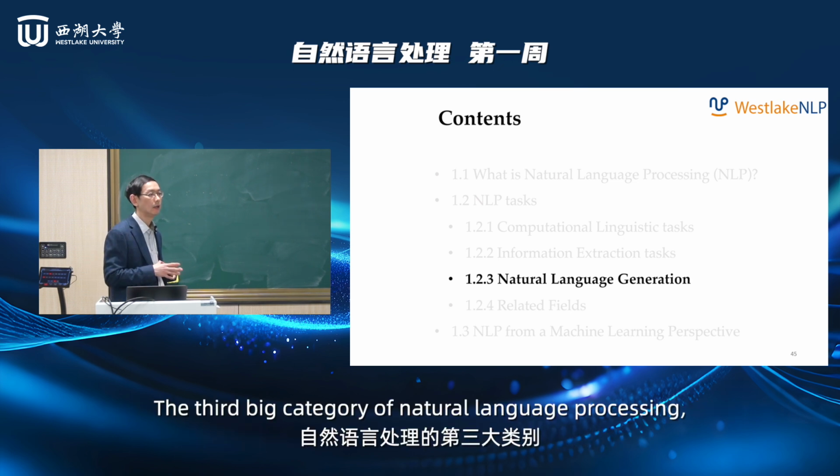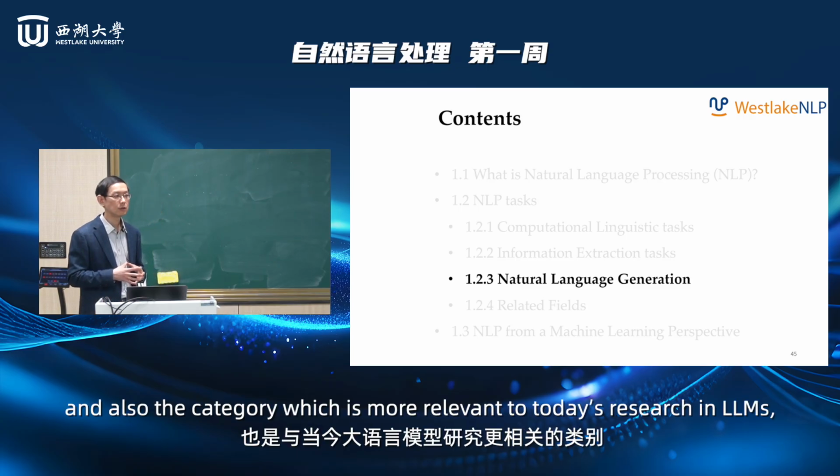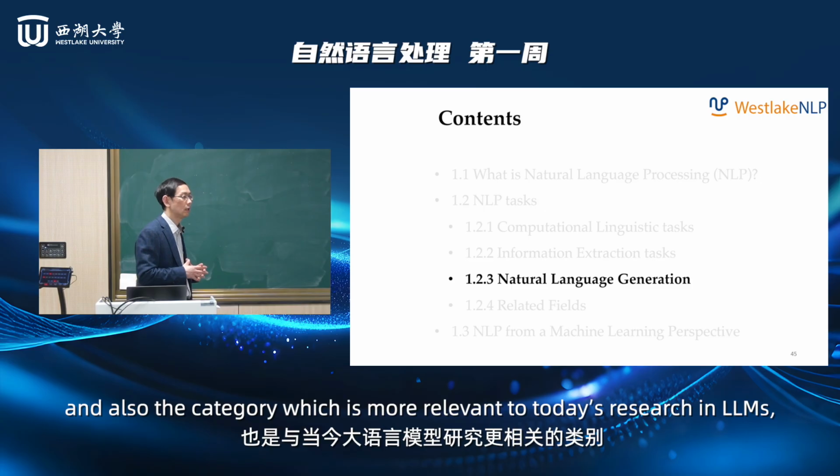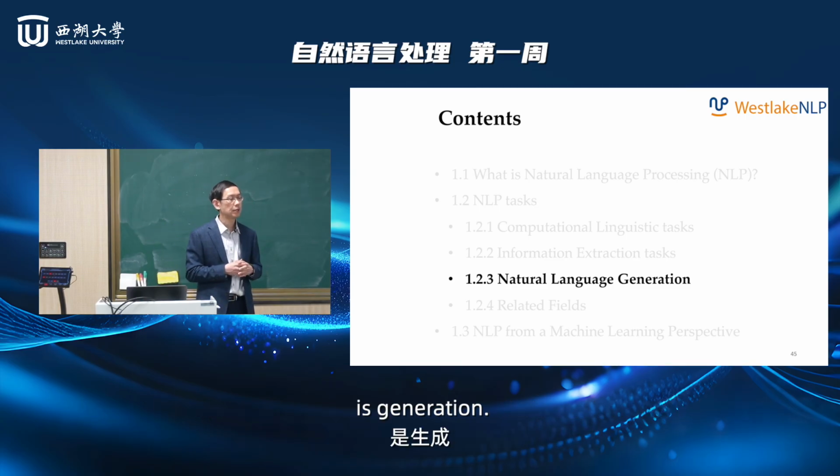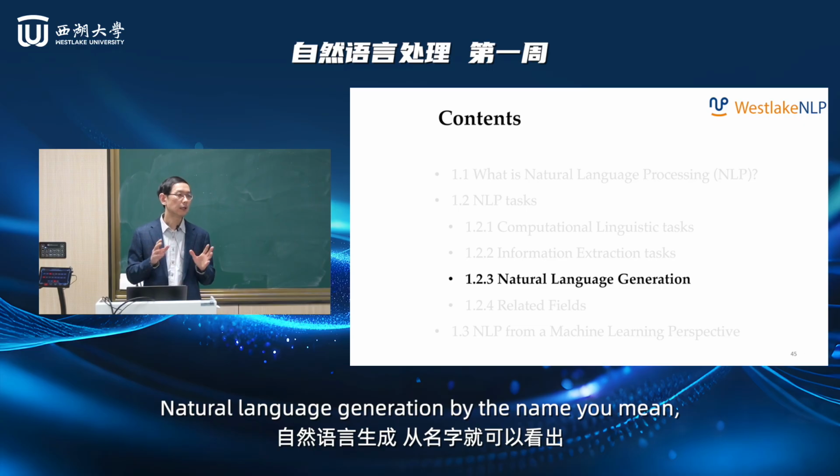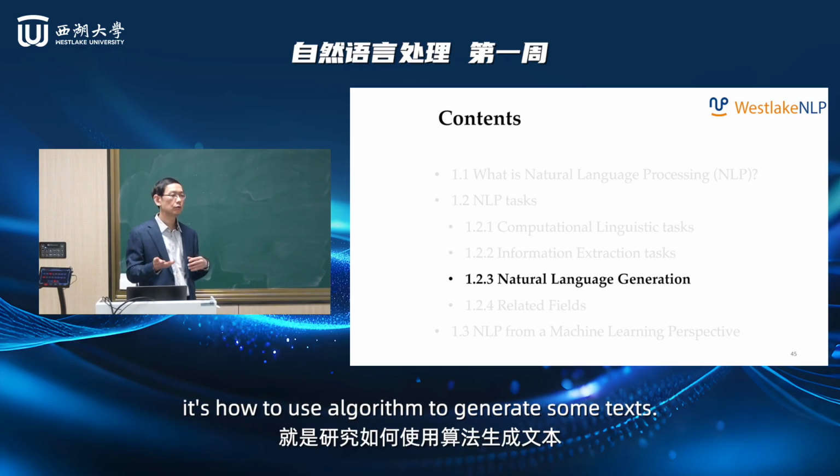The third big category of natural language processing, and also the category which is more relevant to today's research in LLMs, is generation. Natural language generation, by the name, means how to use an algorithm to generate some text.